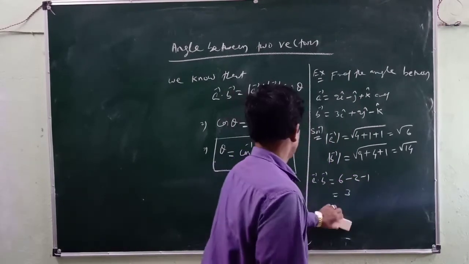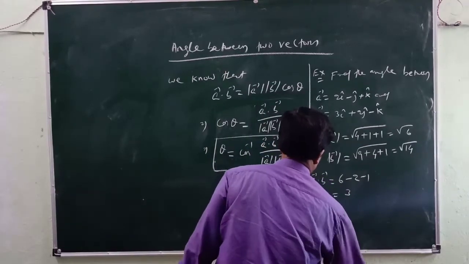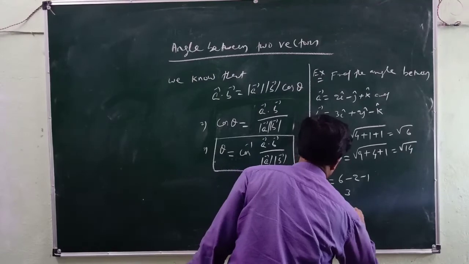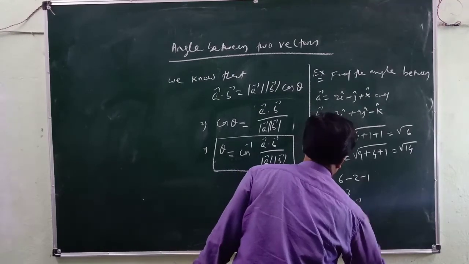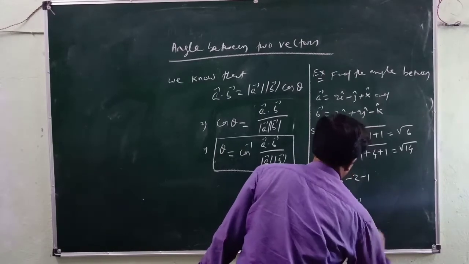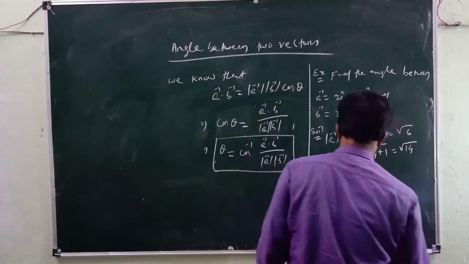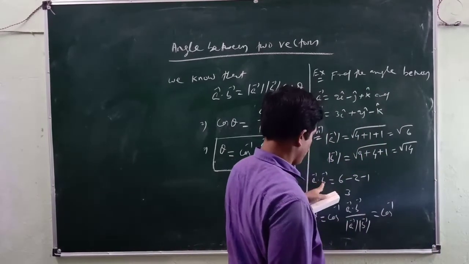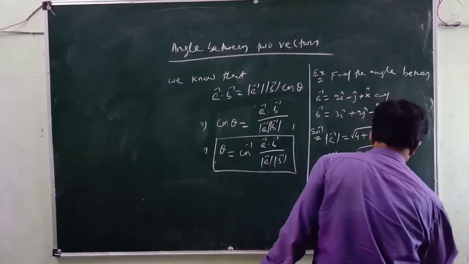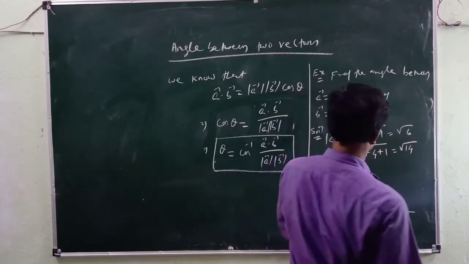Then you put these values in your theta, which will be cos inverse of A vector dot B vector by A vector magnitude into B vector magnitude. Here it will be cos inverse, in place of A dot B you put 3 divided by A magnitude, here A magnitude root 6.